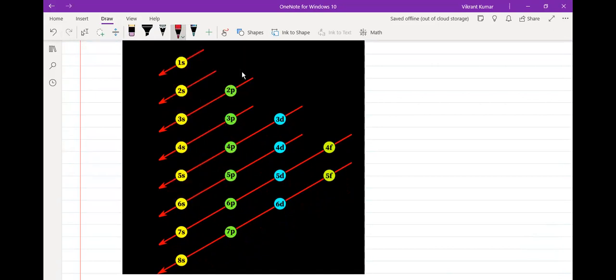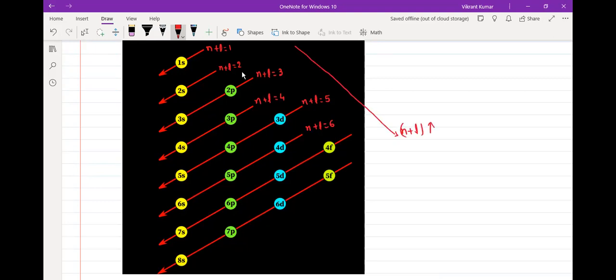If you see this one, this is having n plus l equals 1. This is having n plus l equals 2. All these two subshells are having n plus l equals 3. This is having n plus l equals 4, n plus l equals 5, n plus l equals 6, and so on. So n plus l is increasing in this direction.